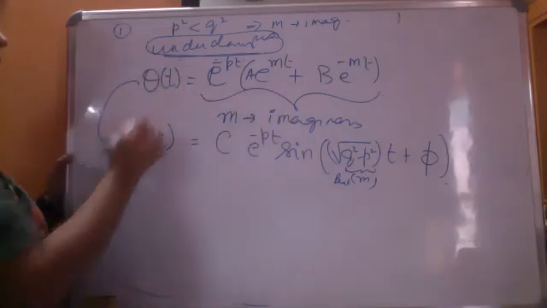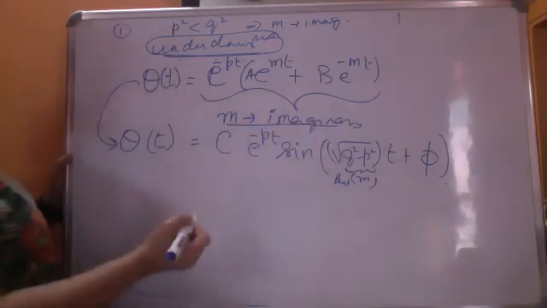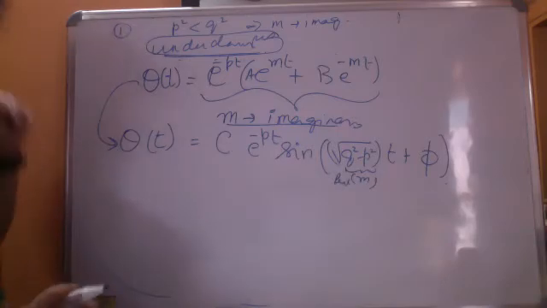This solution in the limit M being imaginary can always be written down like this.